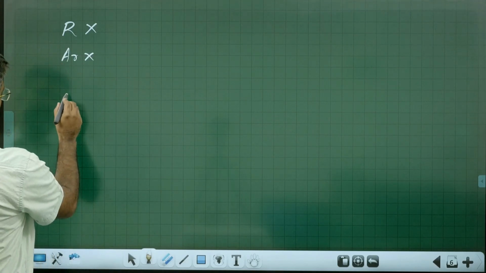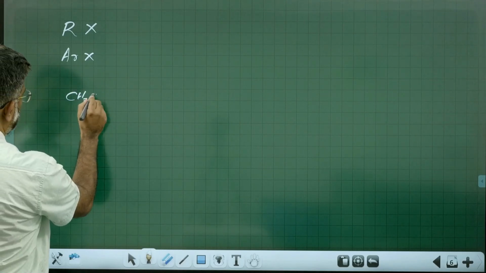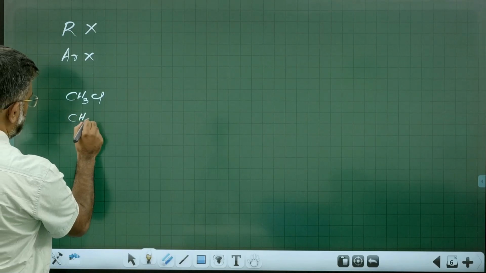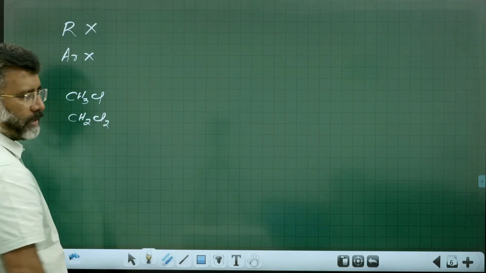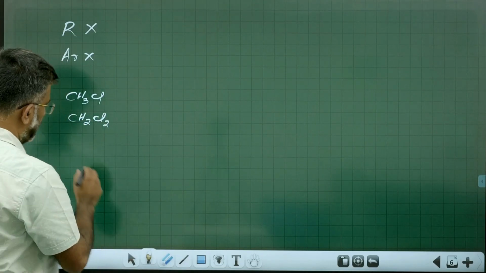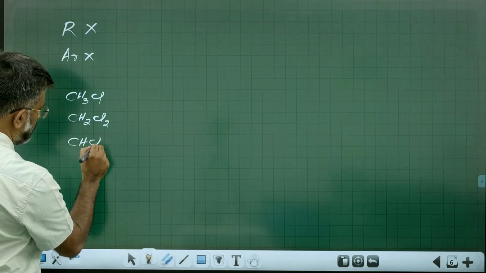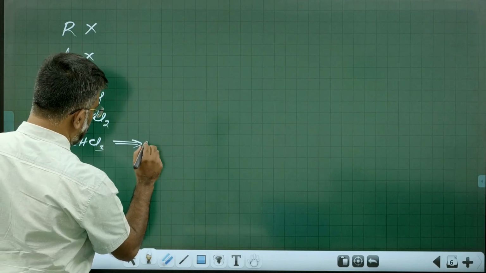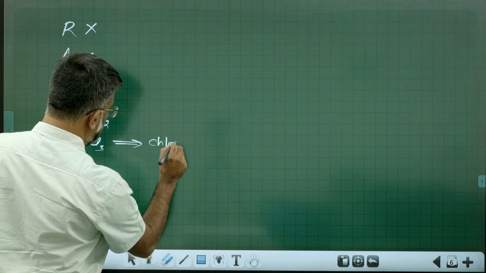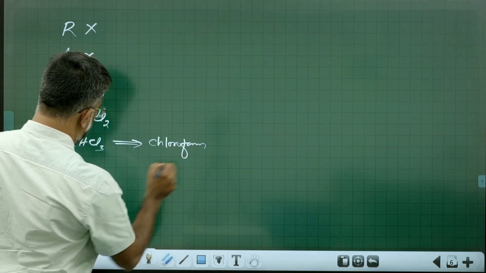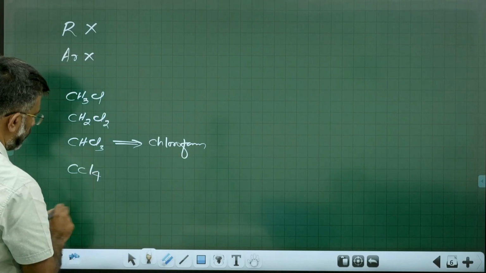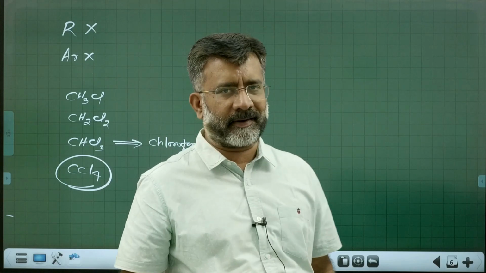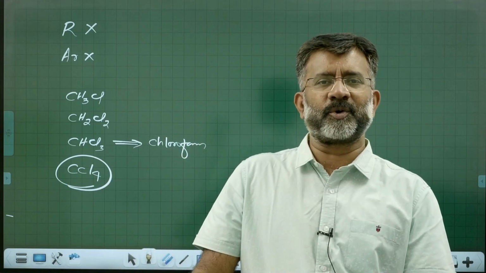Now, when you talk about CH3Cl, that is a monohalogen derivative. CH2Cl2 is a dihalogen derivative. CHCl3 is a trihalogen derivative, the very famous compound all of you know, chloroform. And CCl4, the entire hydrogen atoms replaced by chlorine, carbon tetrachloride or tetrachloromethane.